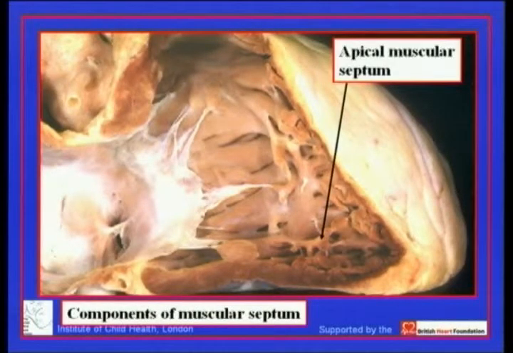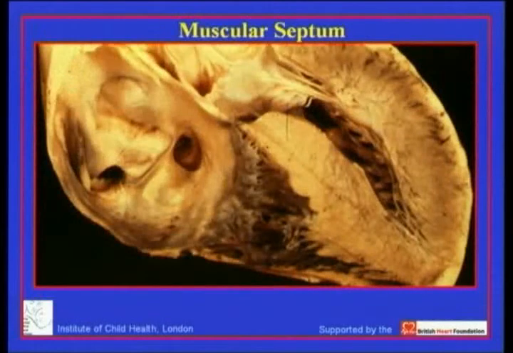There is no question that the apical part of the septum separates apex of right ventricle from apex of left ventricle. So we can truly call this the apical muscular septum. But in the past, we called this part of the septum, hugged by the septal leaflet of the tricuspid valve, the inlet septum, and we called the back part of the subpulmonary infundibulum the outlet septum. And we know also that this is not strictly true.